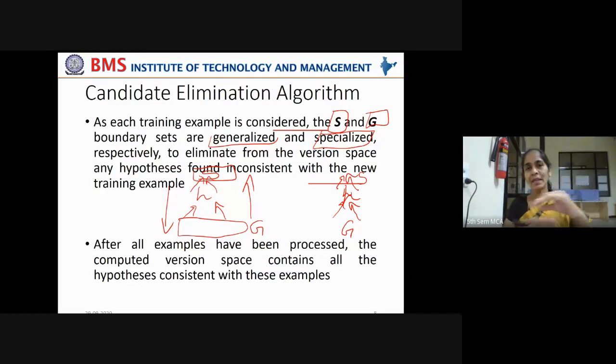Means there will not be any other intermediate hypotheses, or the least number of intermediate hypotheses will be there. The space between S and G will start shrinking. It will become thinner and thinner. That is called the candidate elimination algorithm evolving into a version space with the most generic hypothesis possible, right? Now, after all examples have been processed, what will happen?